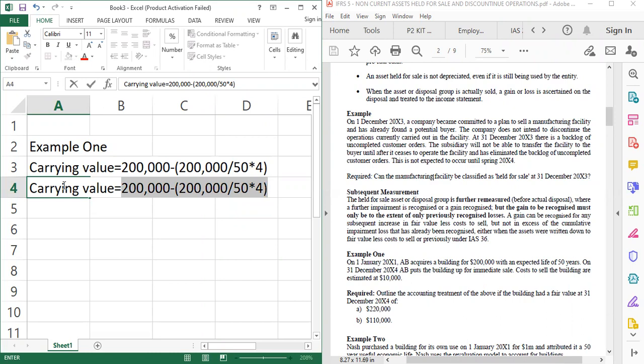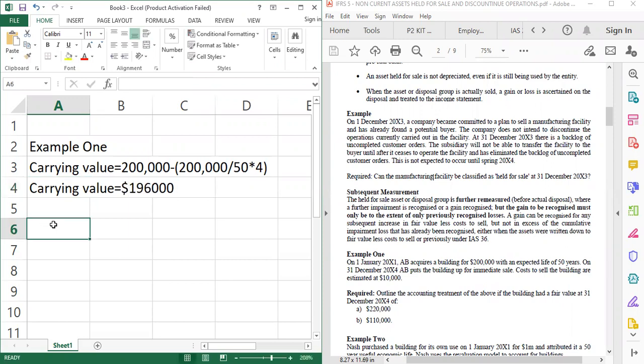Then we subtract it from the cost, 200,000. So it will be 184,000. This is our carrying value.